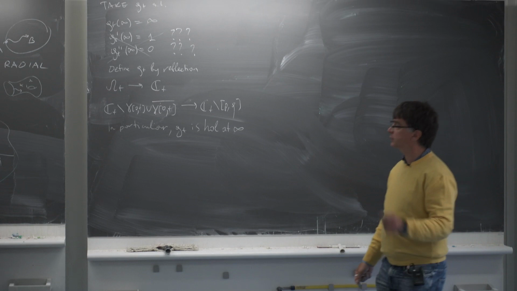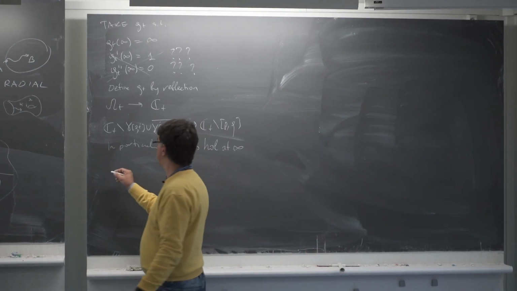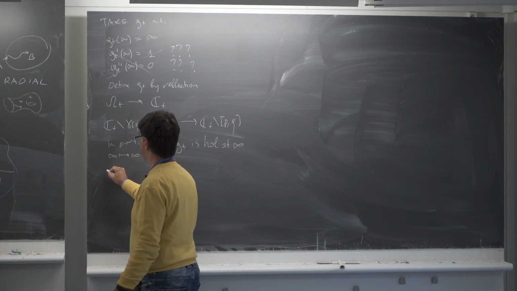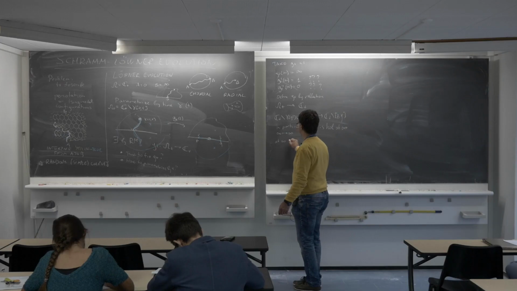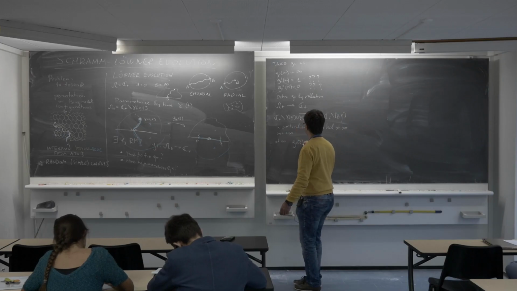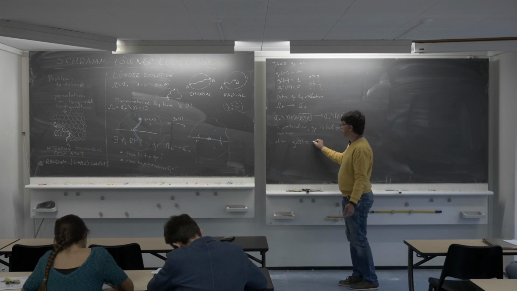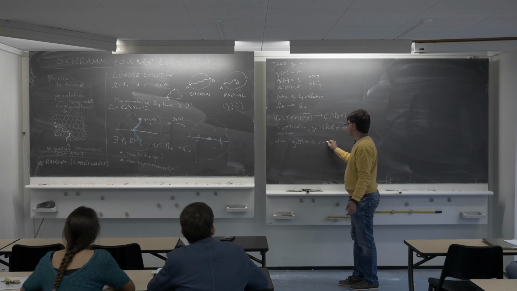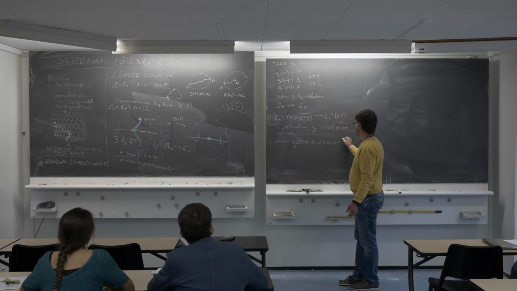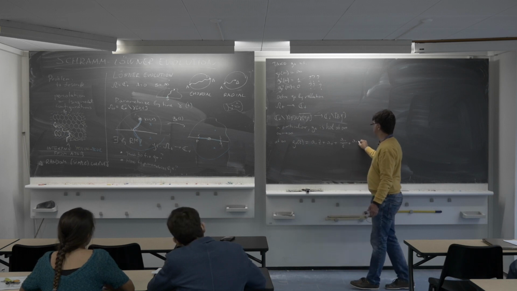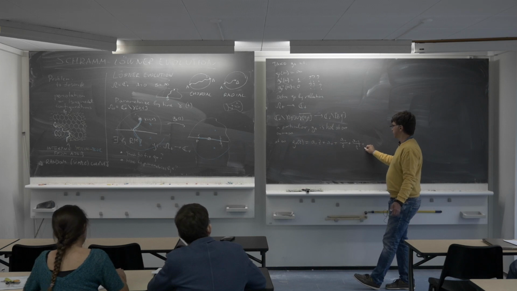If it's holomorphic at infinity, and infinity goes to infinity, we can write a power series expansion. At infinity, gt of z will start like A1 z plus A0 plus A minus 1 over z plus A minus 2 over z squared, and so on.